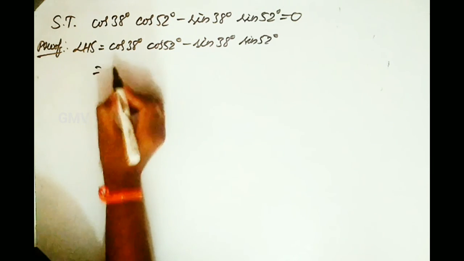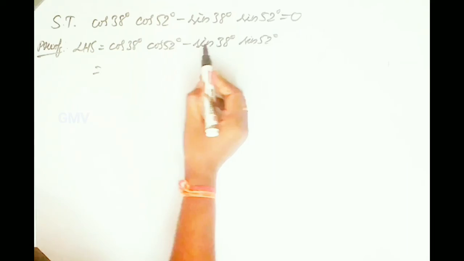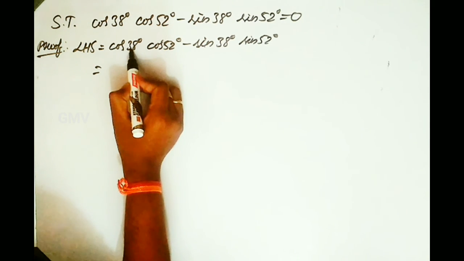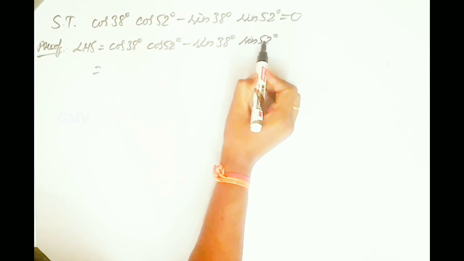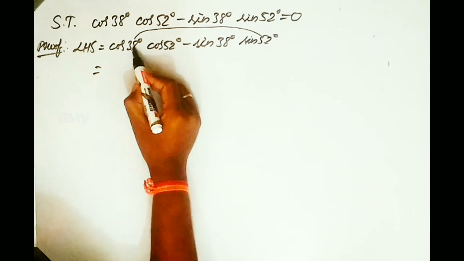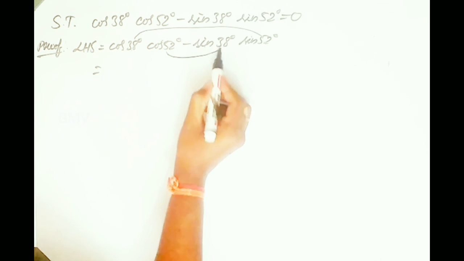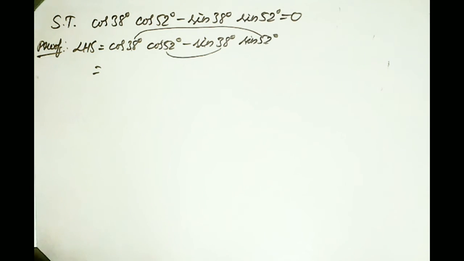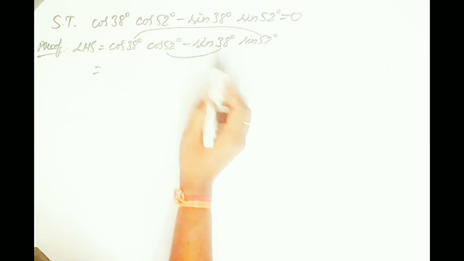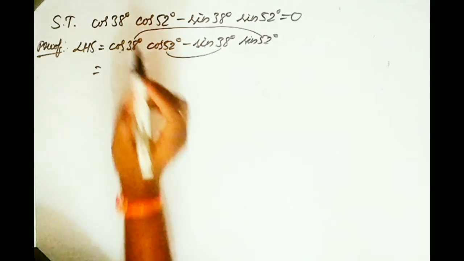Here cos is present, here sine is present. But 38 degrees is complementary to 52 degrees. So we have to change either cos 38 degrees or sin 52 degrees, either cos 52 degrees or sin 38 degrees, because these two are complementary and these two are complementary. Now I will change cos into sin among these two.